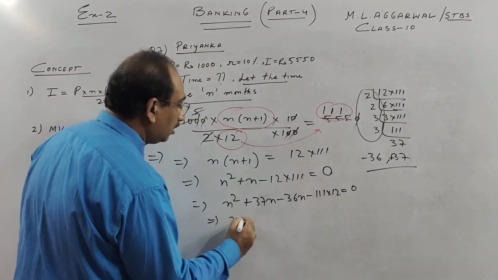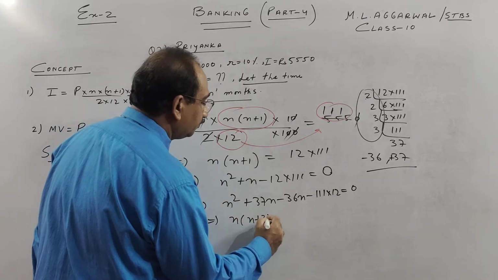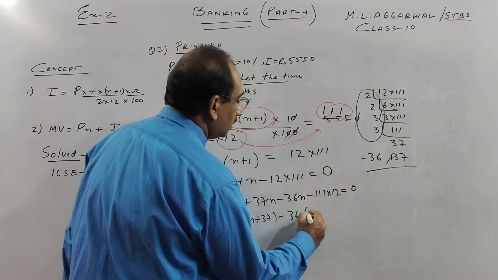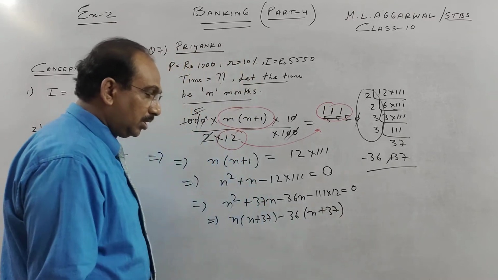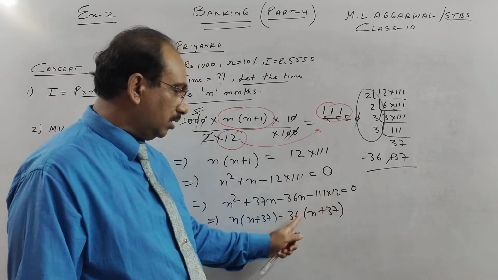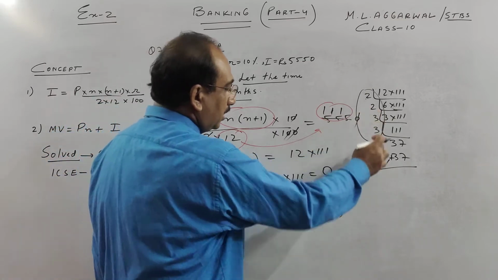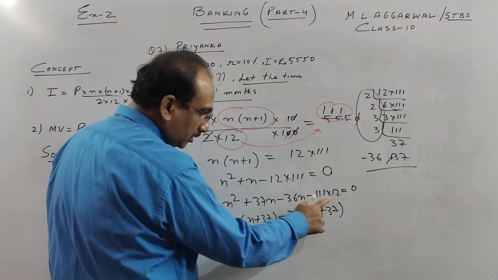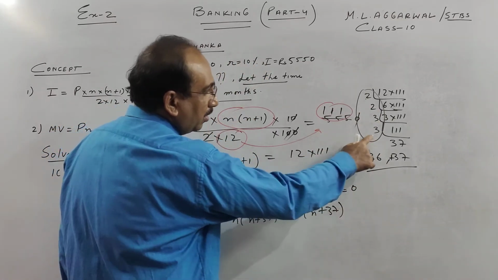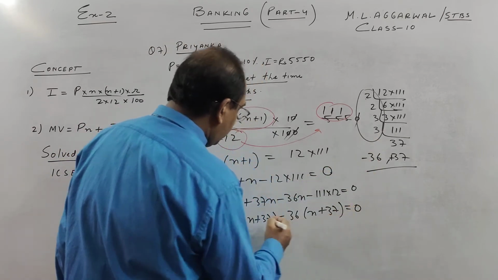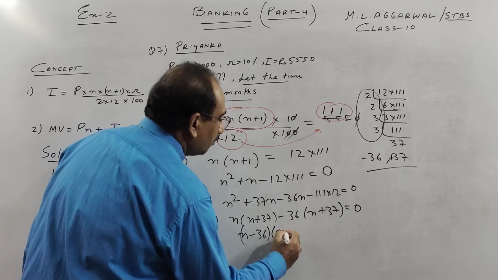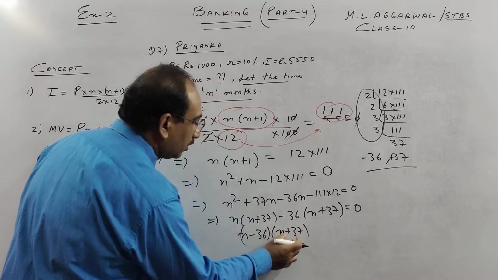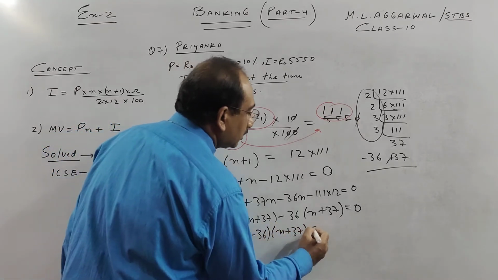Take out n, n plus 37, minus take out 36, n plus 37, children. See how 36, if you take out 12 and 3 here, so 37 will be there. Check here. You take out 36, so 12 and 3 over here you take out. We are left with 37, so we get n minus 36 and n plus 37. So we take out n plus 37, n minus 36 remains.